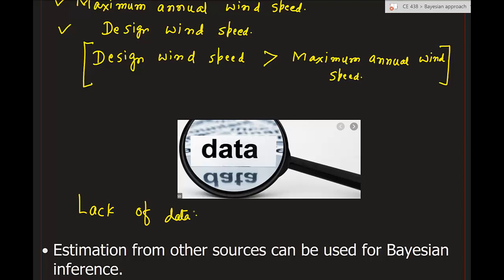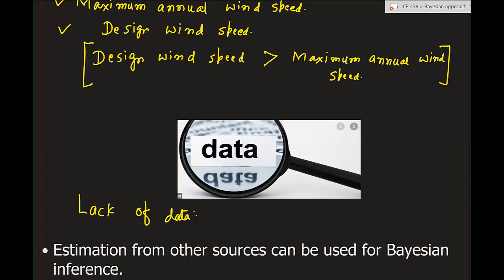So what we do in those situations is we take another city for which we know the design wind speed. We take all this data, plot a histogram, fit a distribution, and based upon this fitted distribution we find the parameters. And that is used as a prior for this city.